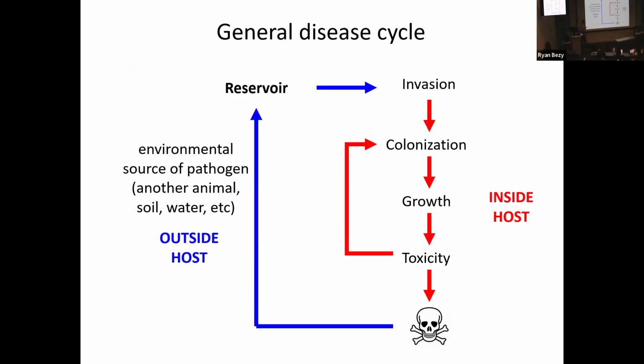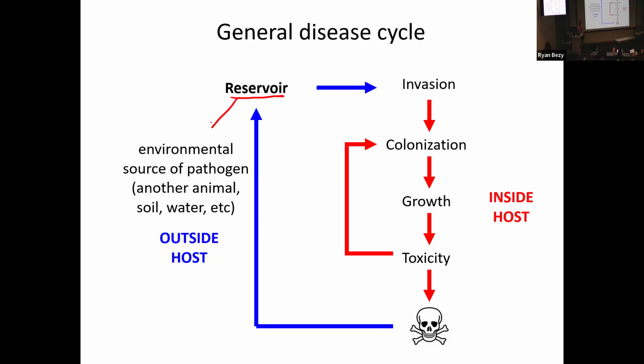We're also going to talk a lot in this lecture set about disease cycles and disease transmission. This is a very rough general disease cycle on the slide, where you might start off with a pathogen. We're always going to start off typically in what is called a reservoir.